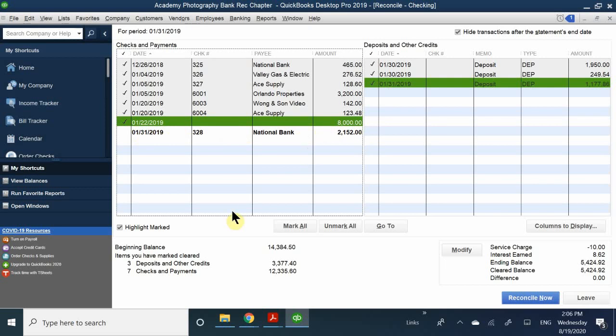All right. So now that we found out that that's correct, what do we notice here at our bank reconciliation? We zeroed out. And that means we're done. All you have to do is click reconcile now.